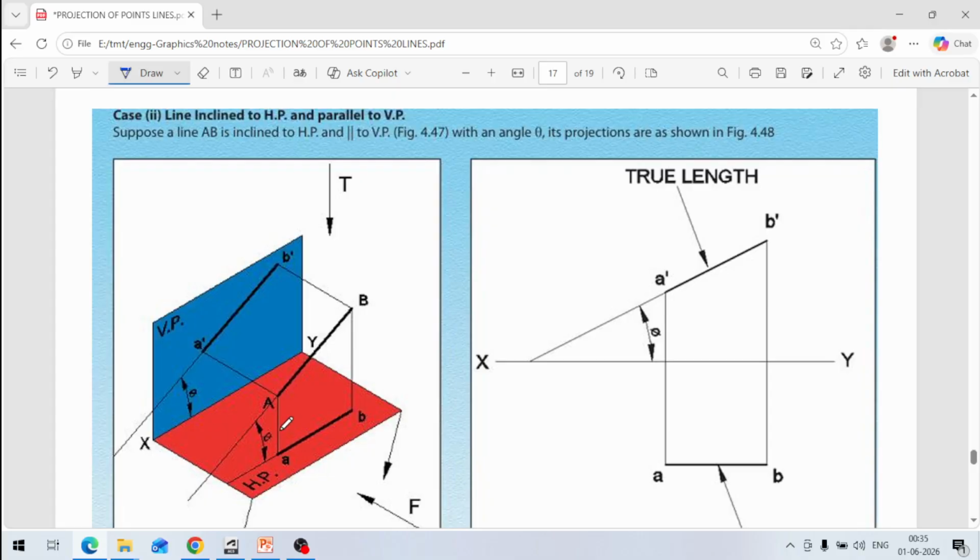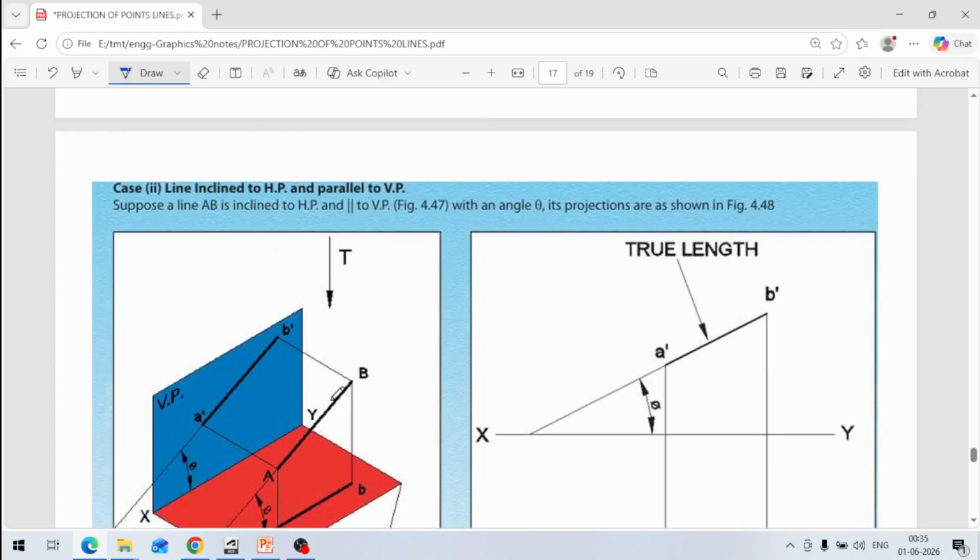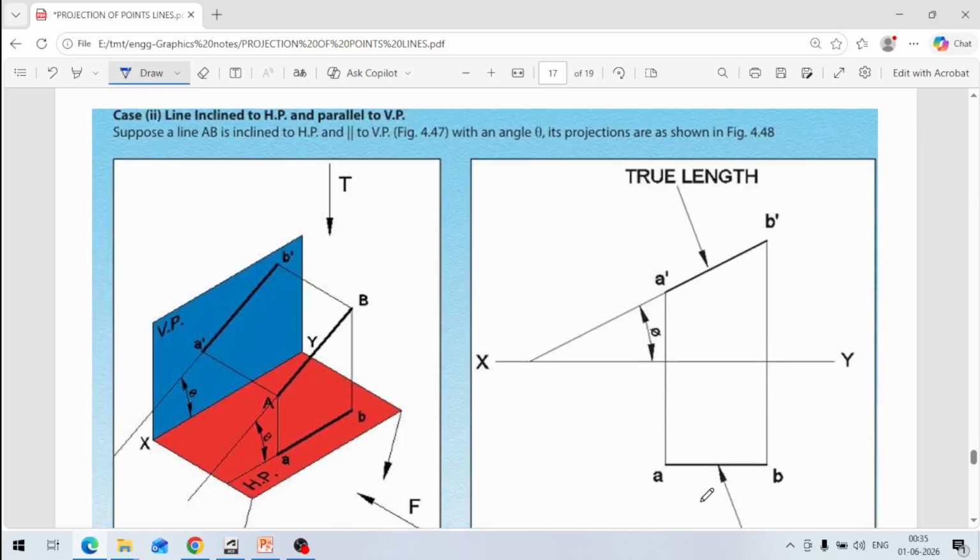Since it is parallel to the vertical plane, its projection in the vertical plane will be the true length, A dash B dash, at an angle. You take this angle phi and draw a line like this, and this will be the true length, whatever the actual length, projected on the vertical plane, because from XY the upper side is the vertical plane and the lower side is the horizontal plane.